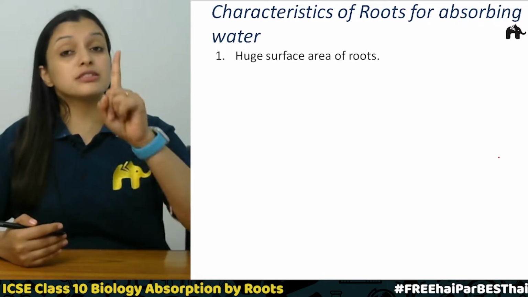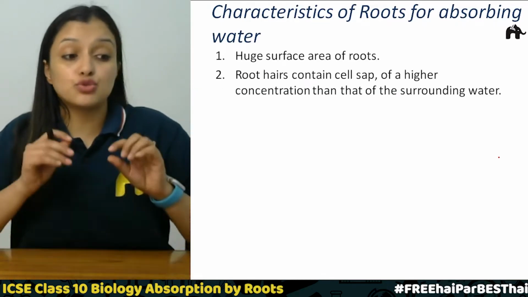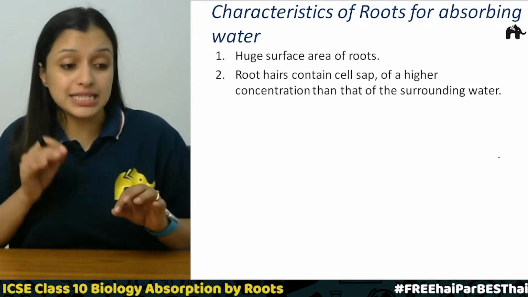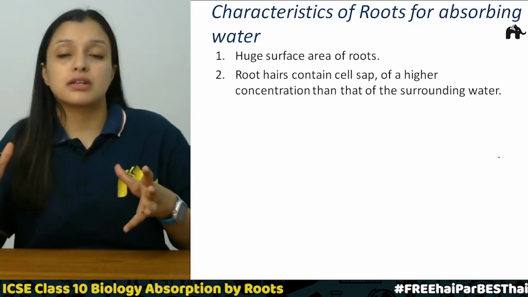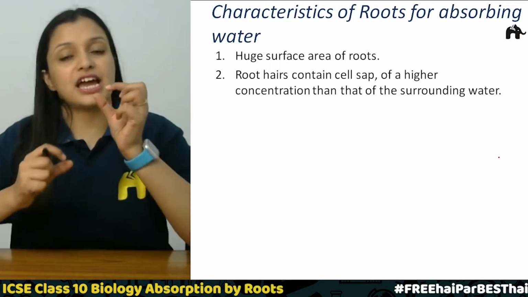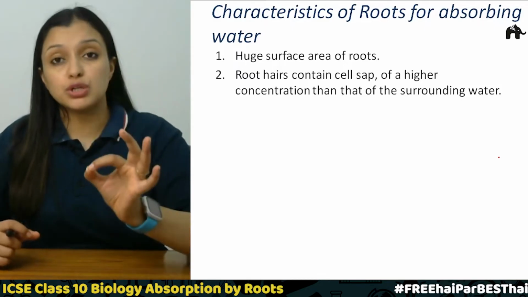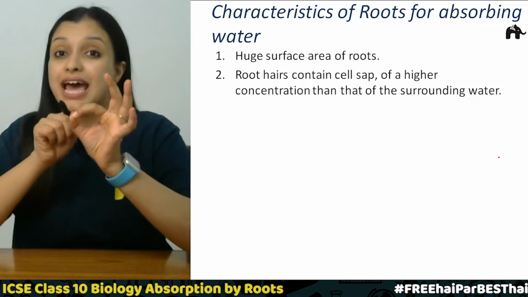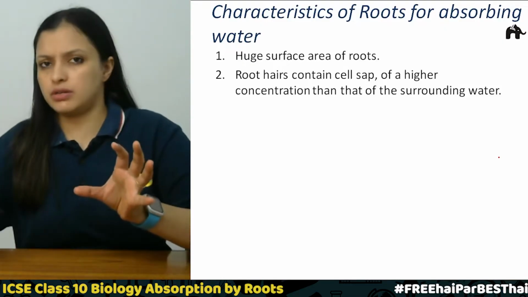So first is the surface area of the roots, right? Second one is the root hairs. They contain cell sap which has higher concentration than the surrounding water, right? Now the concentration of solute inside this cell sap is more as compared to the surrounding water, right?